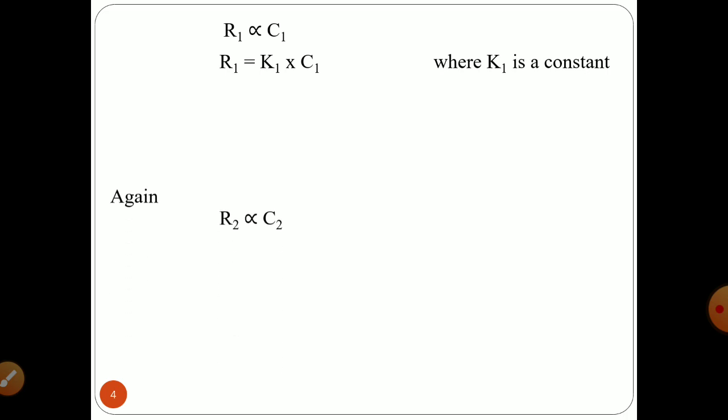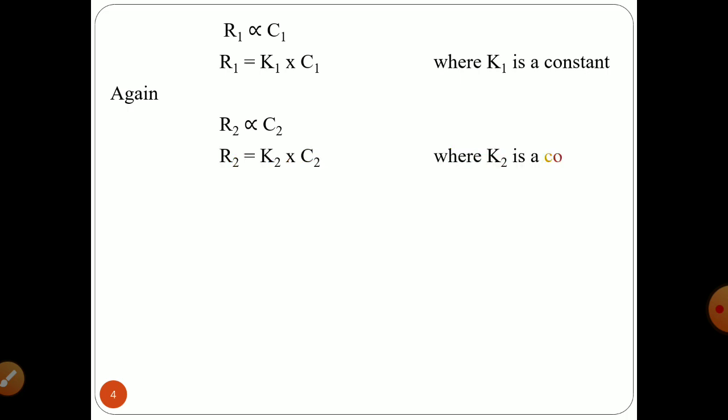The same thing is applicable to the second solvent: the rate at which that X molecule passes from the second solvent is again proportional to concentration, and that will be given by the equation R2 = K2C2, where K2 is a constant again.